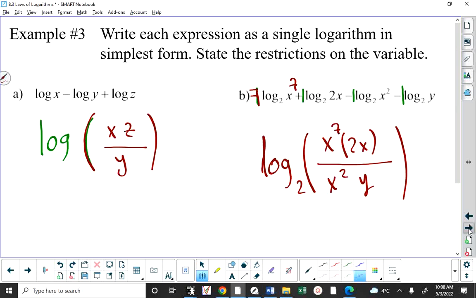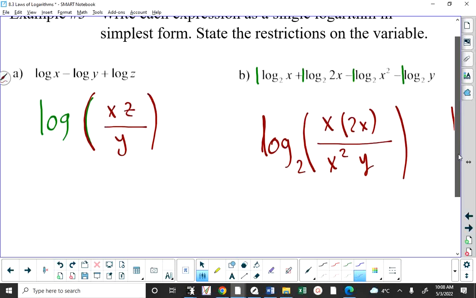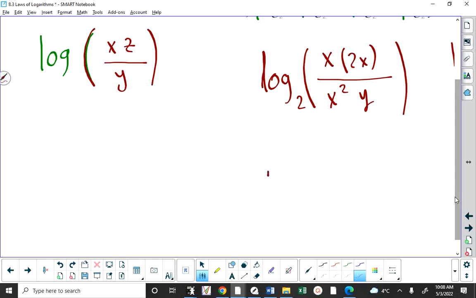You need to get all those coefficients up top to make it work. Okay, let's clean up that argument. Okay, so this is log base 2 of 2 over y, because x times x is x squared on the top, and over x squared reduces to 1.